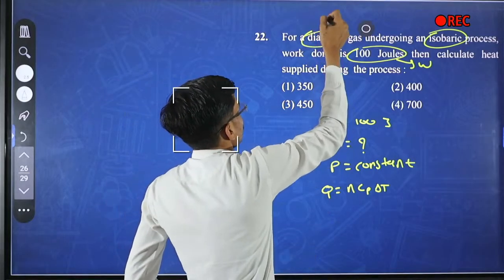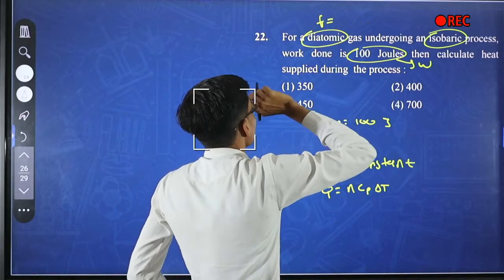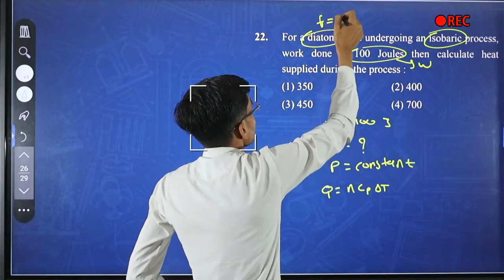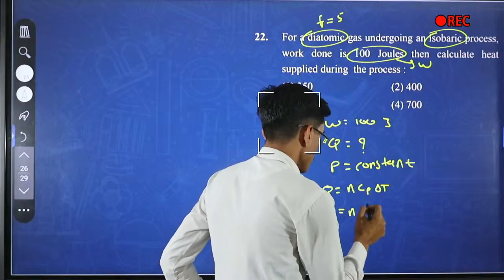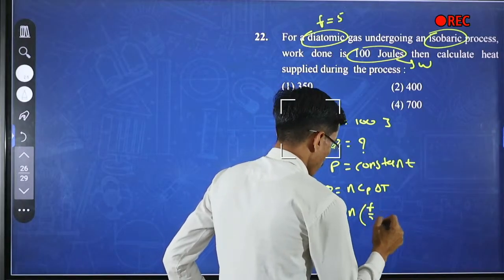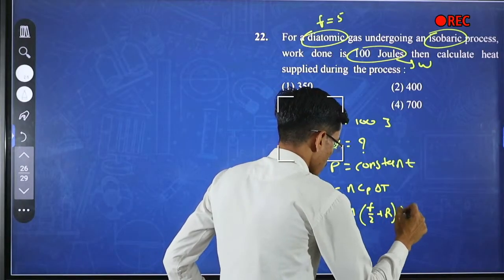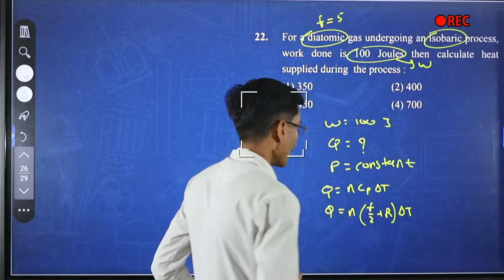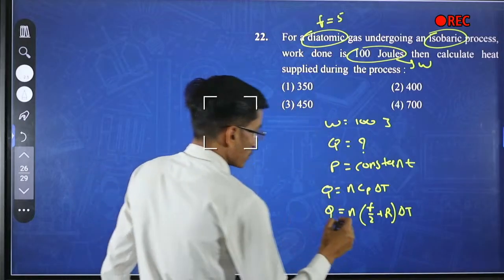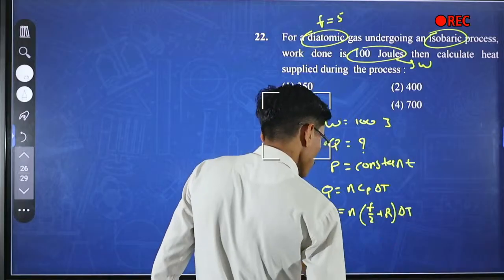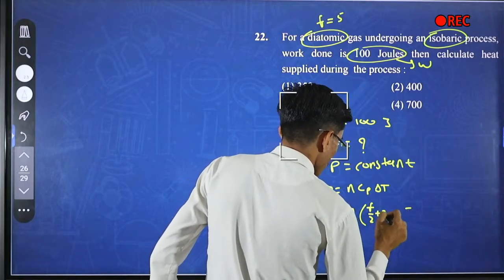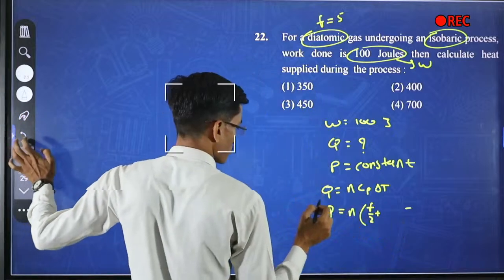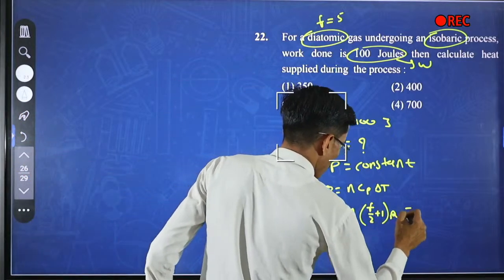So for diatomic gas, value of degree of freedom is 5, and Cp can be written as f by 2 plus 1 into R, delta T.